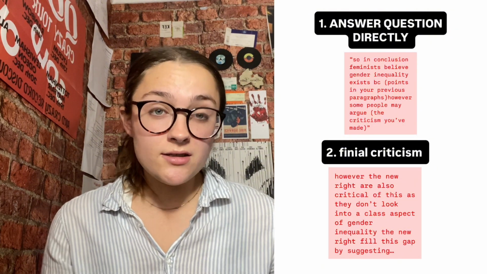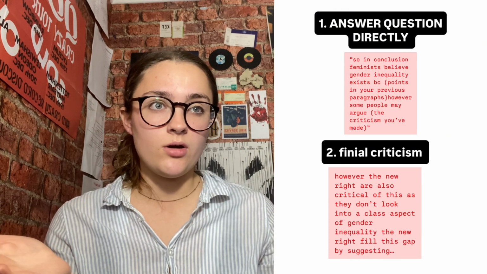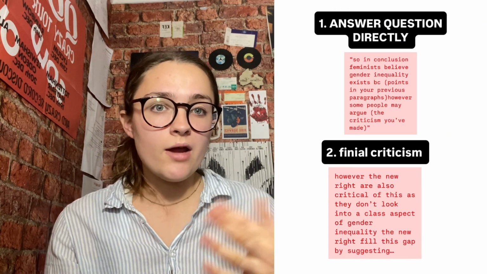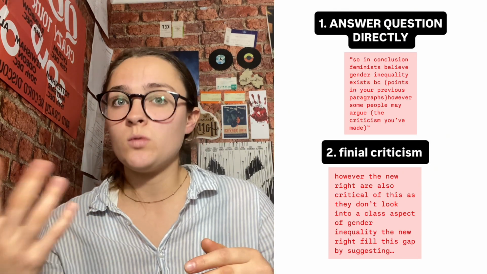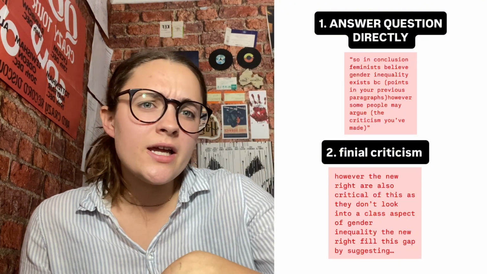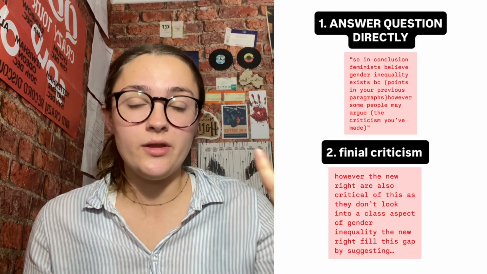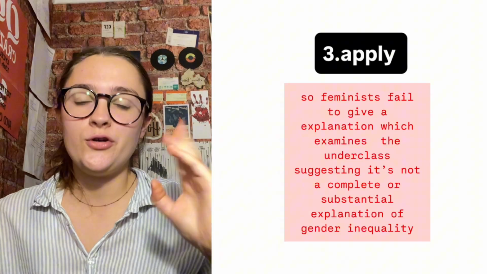However, the New Right are critical of this as they don't look into the class aspect of gender inequality. The New Right fill this gap by suggesting, I'd talk about Murray and single mothers, his view on that. And then good old applying.